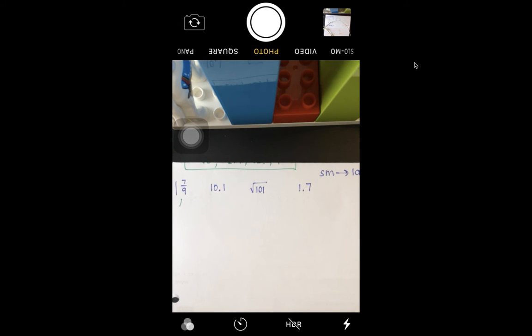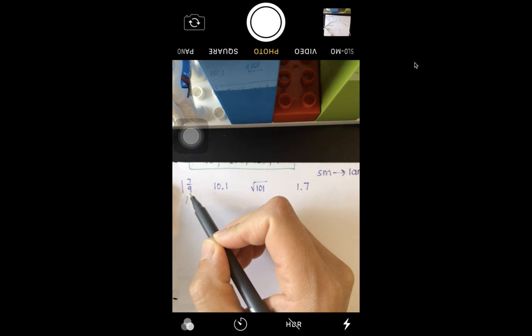Does anyone remember, this was like 2 weeks ago now, or maybe the very beginning of last week, how do I change a fraction to a decimal in my calculator? What did I have to do? Divide. Whoever said that, you are amazing. Yes, you just divide. That's all you do.